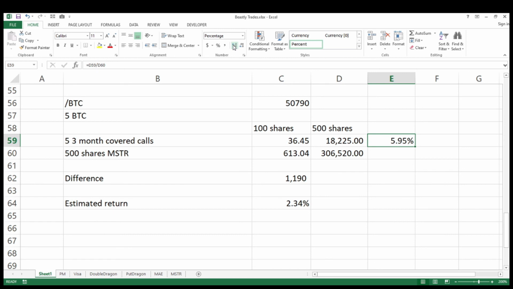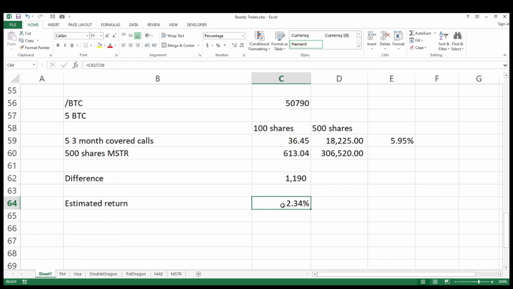So it works out almost the same, maybe a little bit better for the options in this particular case, because don't forget the 2.34 on the futures was only up to June. Depending on what the July futures could look like, it could be a little bit more or a little bit less. So this is just one way to think about it.